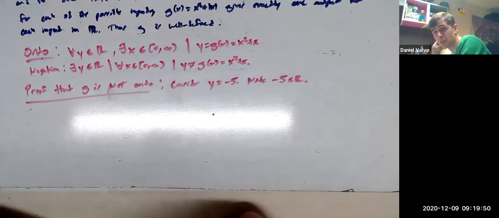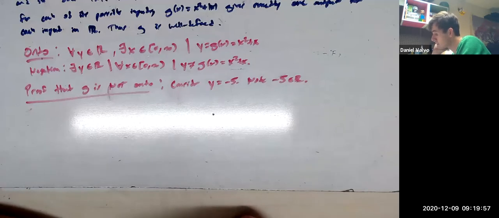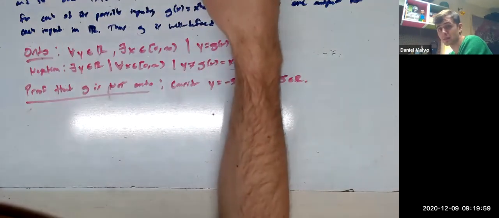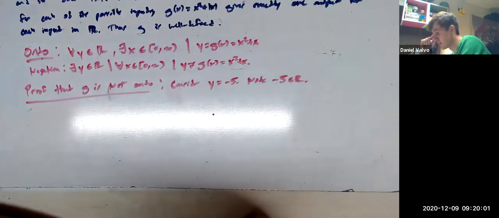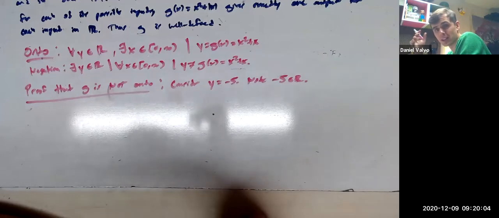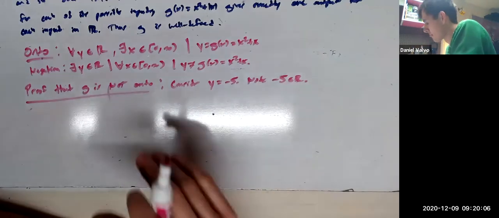I guess we kind of have to prove this by contradiction. Because it all comes down to the fact that this is going to be positive, and so it can't equal -5. But the way we actually need to prove that rigorously is to assume it does work and then show it can't work.